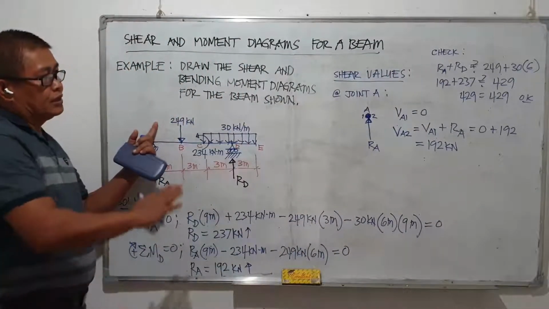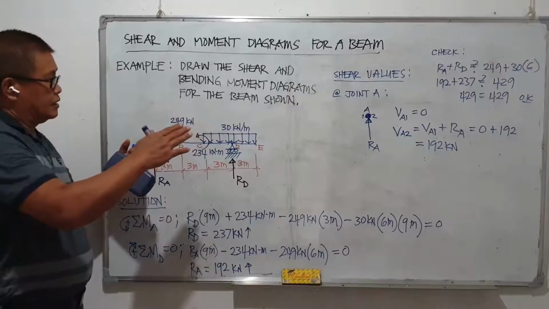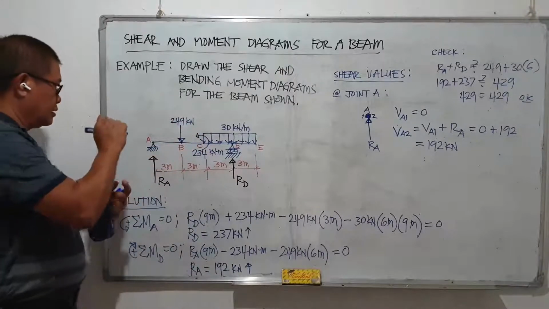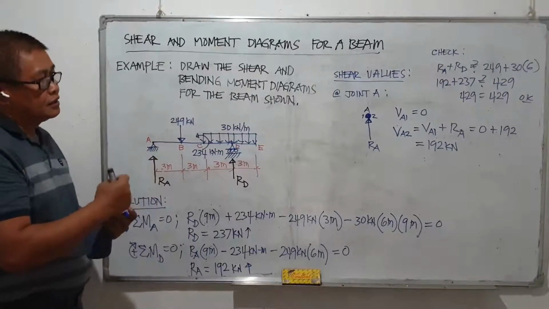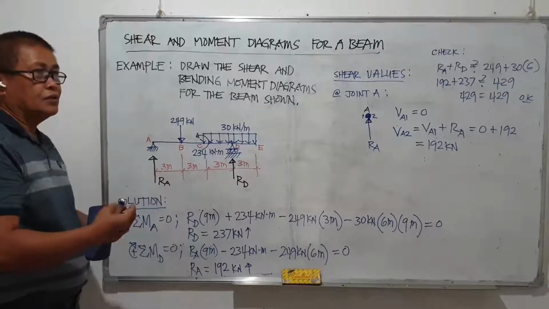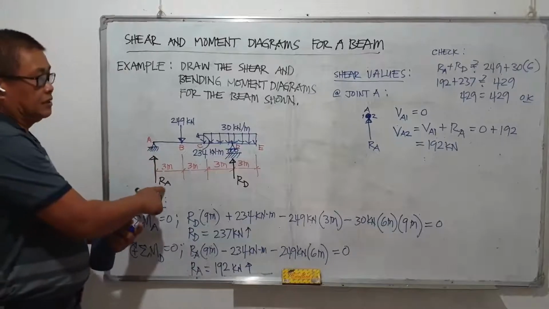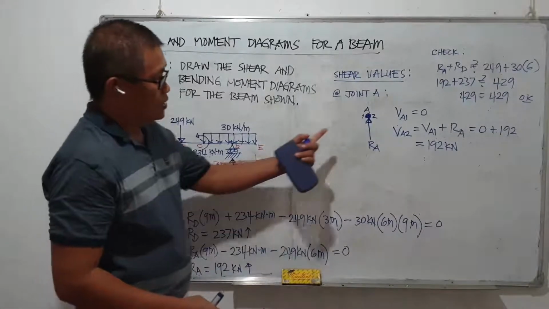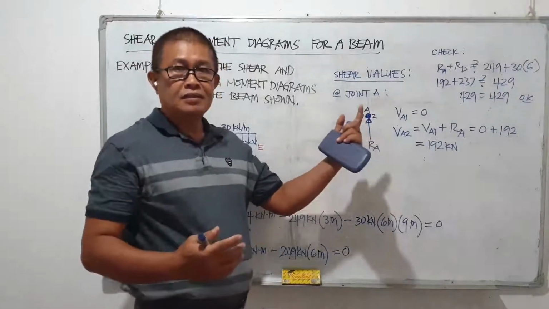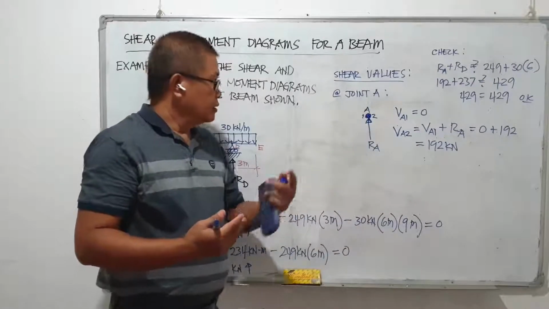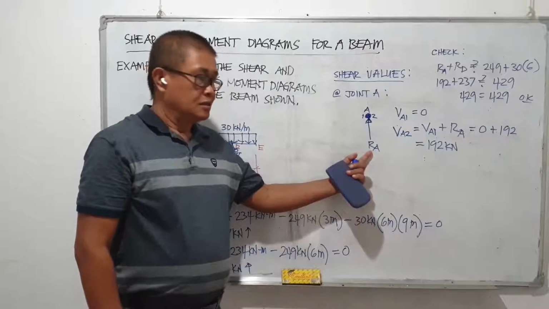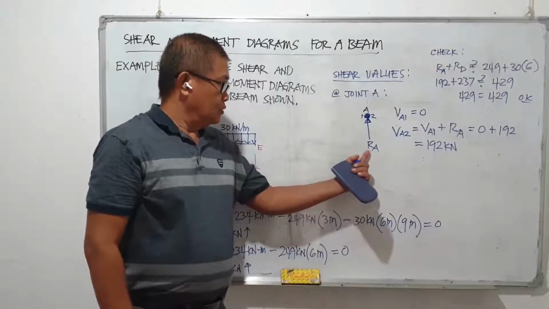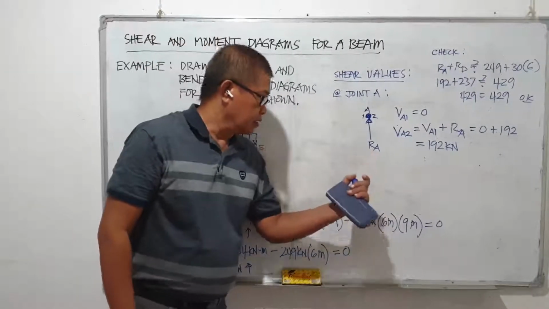So we can define the two values of shear at point A. The starting value is 0 and then it goes up by the magnitude of R sub A. So this is how we picture it: we imagine the point once subjected to a concentrated load, there are two values of shear at that particular point.